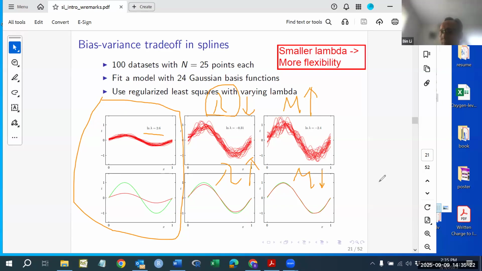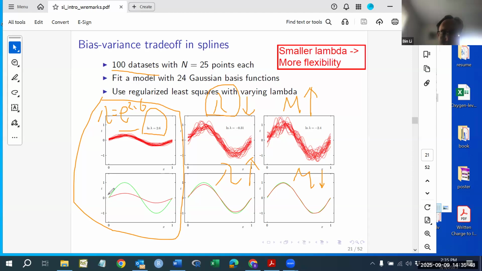In the bottom row, the red curve is the average of the fitted models from these 100 data sets. So for each data set, I fitted a model with the specified lambda. Okay, so what is lambda here? Lambda is equal to the exponential of 2.6, which is quite a large number.